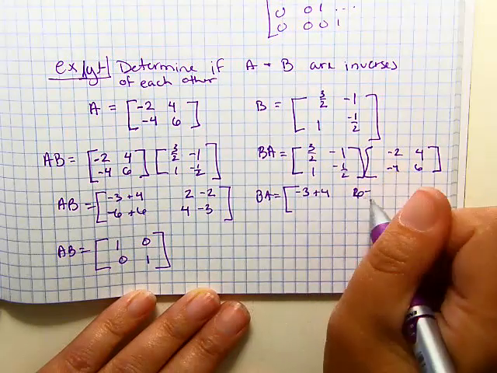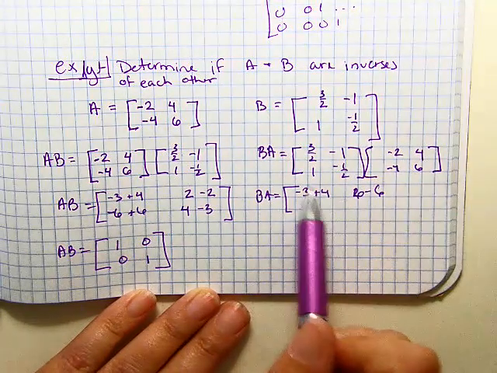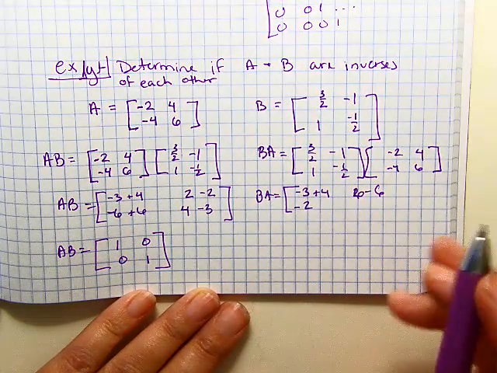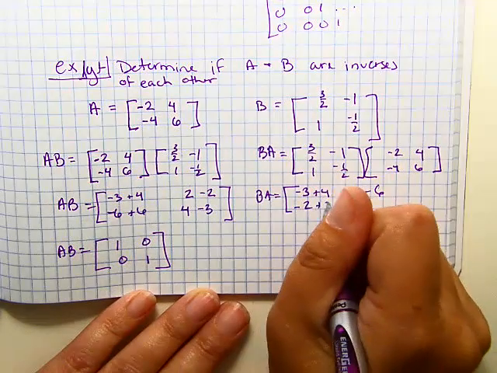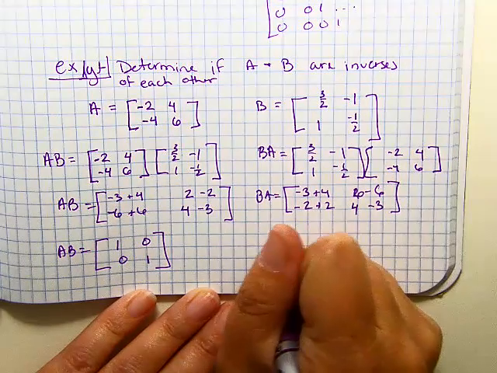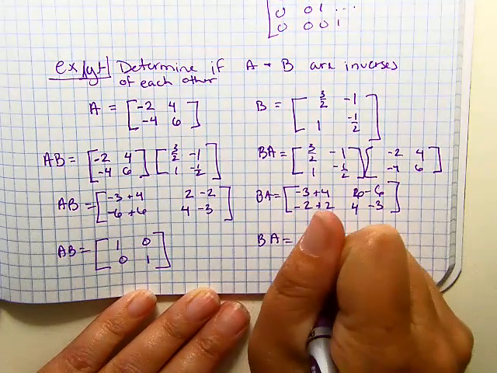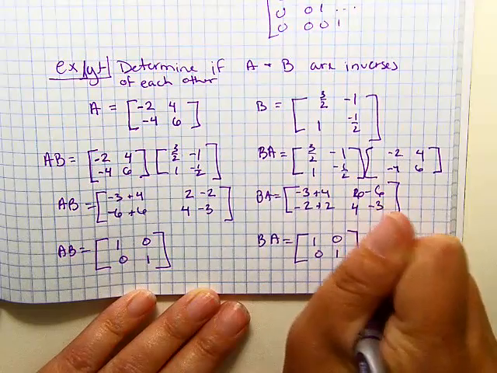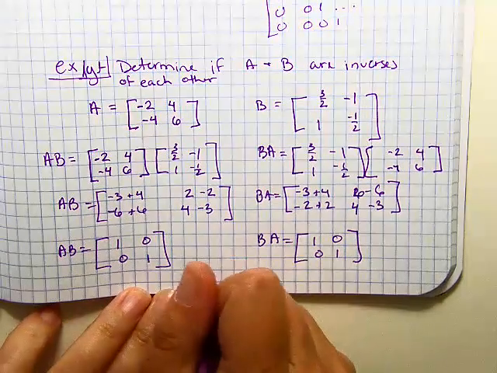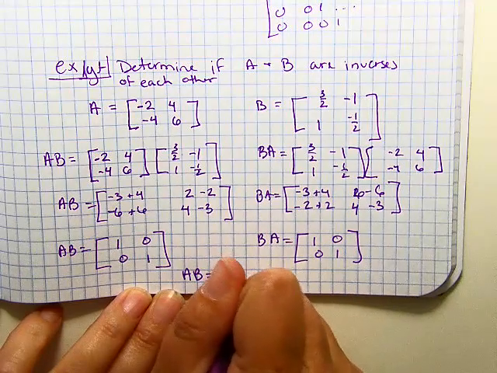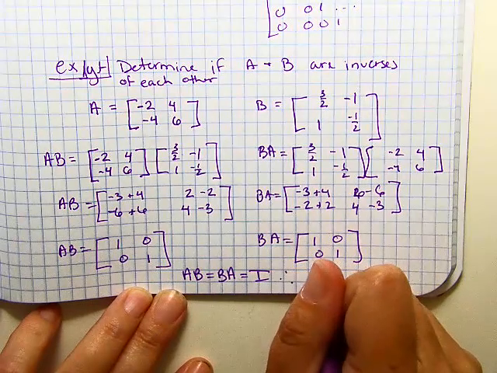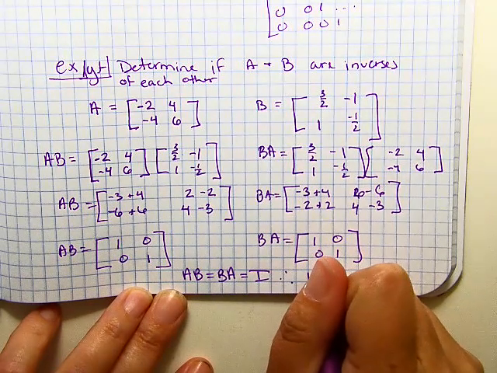Okay, I wrote a 2. 6 minus 6. 1 times -2, plus 2. 1 times 4 is 4, minus 3. And sure enough, BA also equals 1, 0, 0, 1. So once we have done that, we make our final concluding statement, which is AB equals BA, which equals I. Therefore, they are inverses.